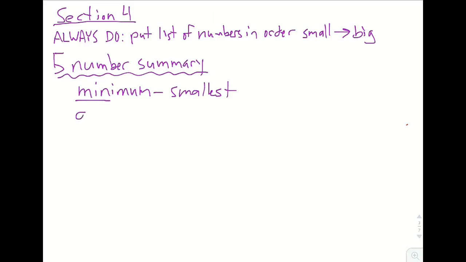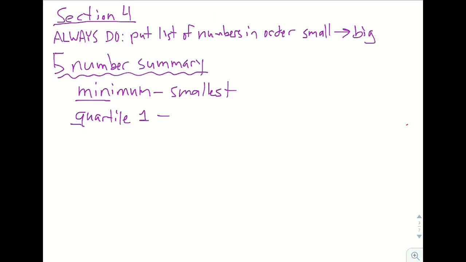Then you have quartile 1, also sometimes just called Q1. And that is the number that's a fourth the way through. Now, that might seem a little weird at first, but quartile sounds a lot like quarter.